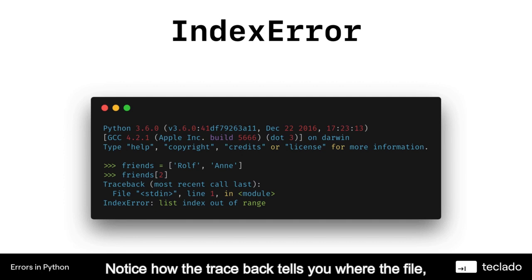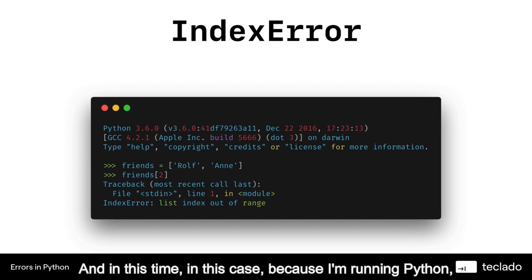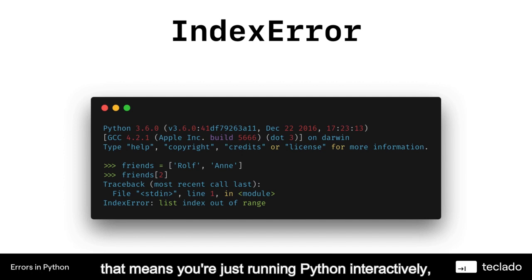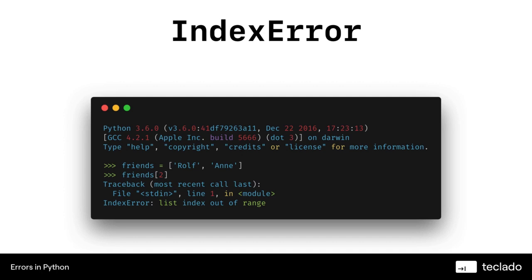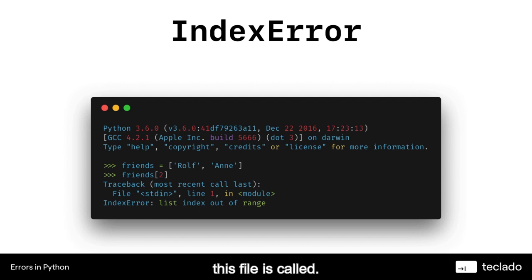Notice how the traceback tells you where the file, the line, and the module or function that you ran it in. And in this case, because I'm running Python in interpreter mode, that means you're just running Python interactively. It executes as soon as you type. So the file is just the thing I'm typing. That's what this file is called.